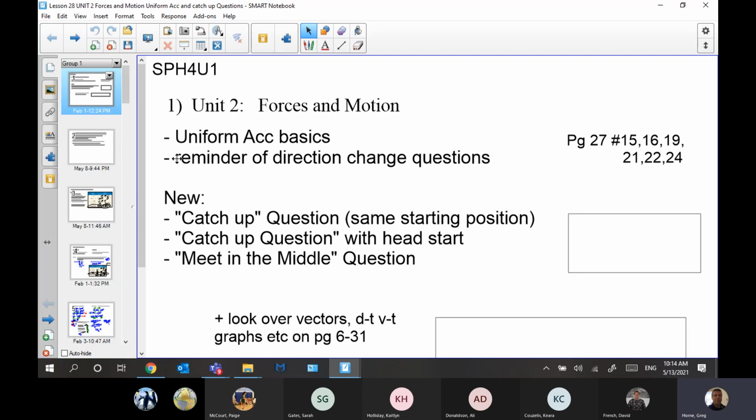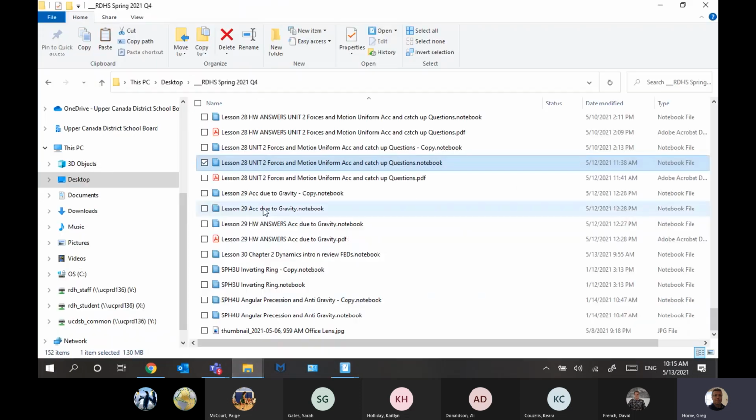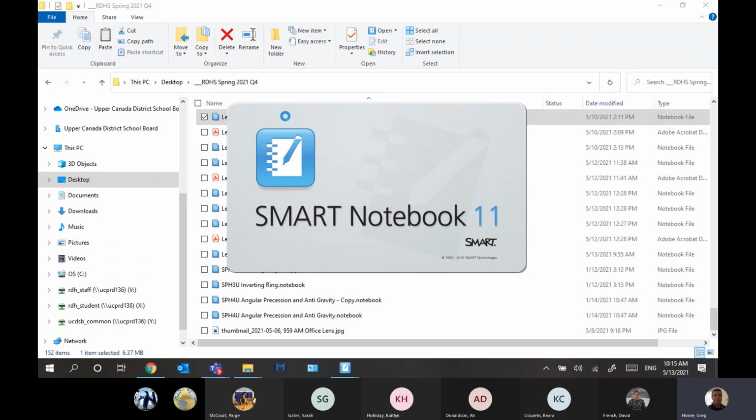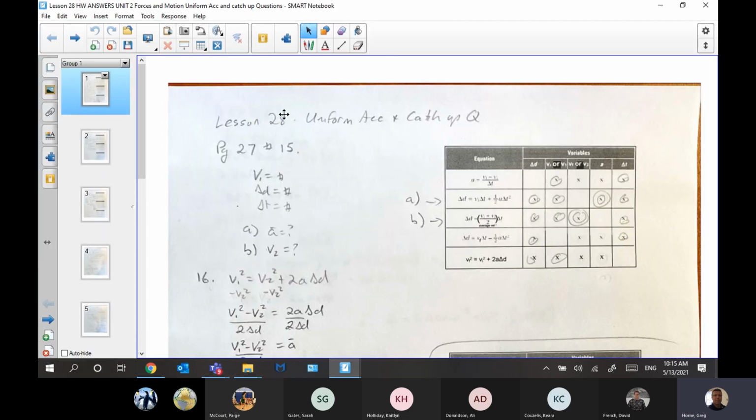meaning something to them. Any questions about page 27, 15, 16, 19, 21, and so on? The solution set for it is all ready to go here as well. For the most part, hopefully you found those fairly straightforward, where you're just picking an equation and calculating out answers. With the equation method, you got to be pretty diligent and careful about assigning directions for things and keeping things consistent.